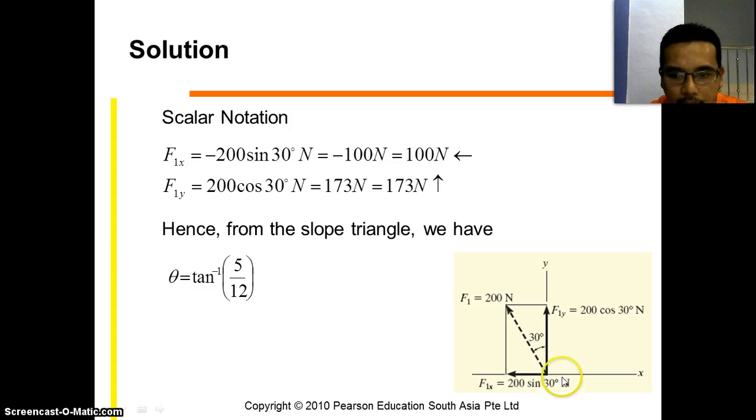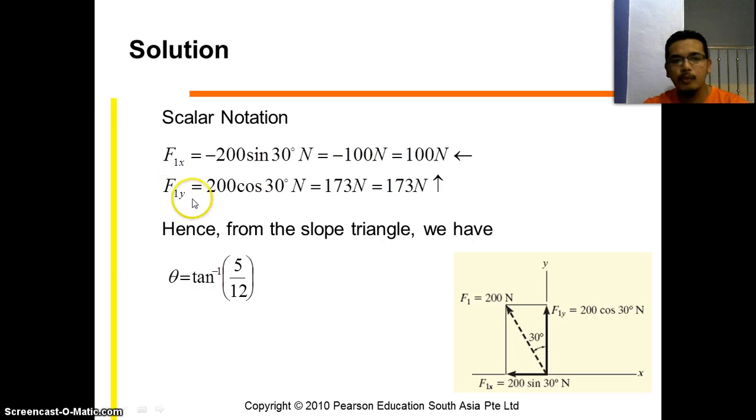So F1x is in the negative direction of the x-axis. 200 multiplied by sine 30, because this one is opposite to the angle, for the x direction. So we have negative 100, or 100 to the left.